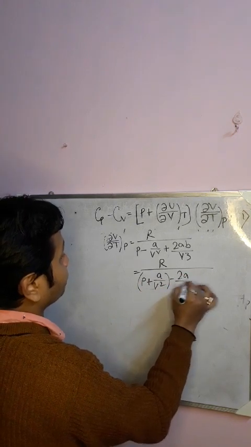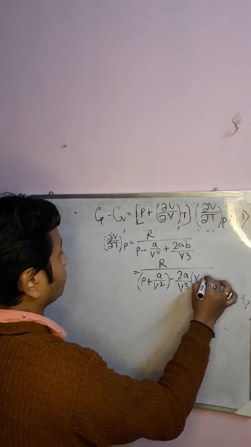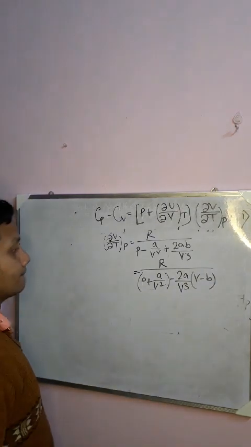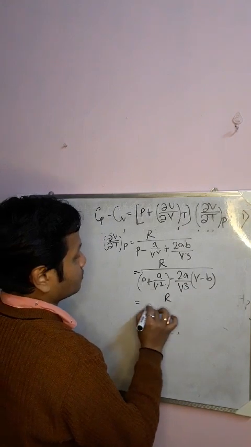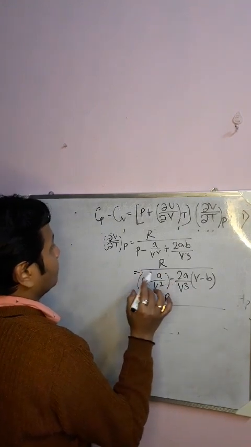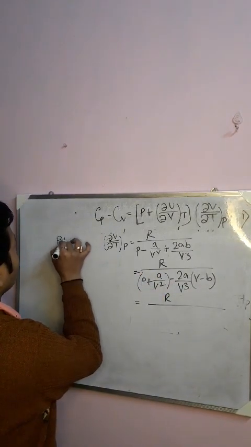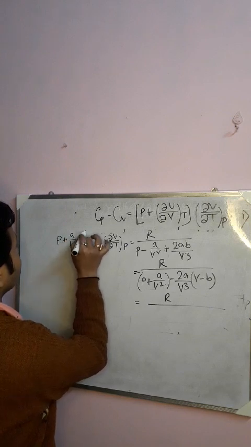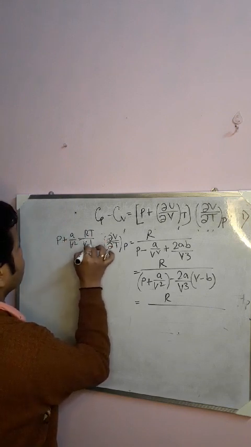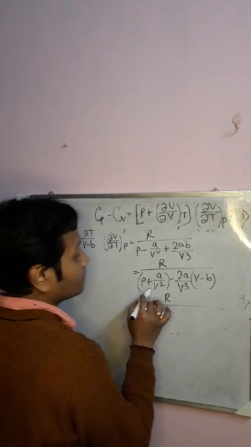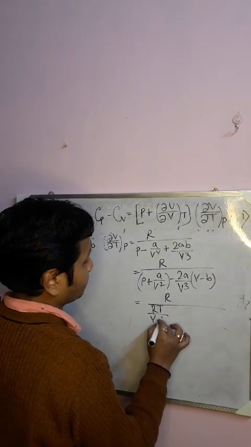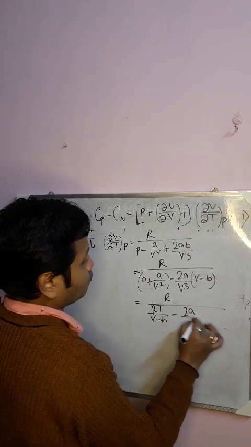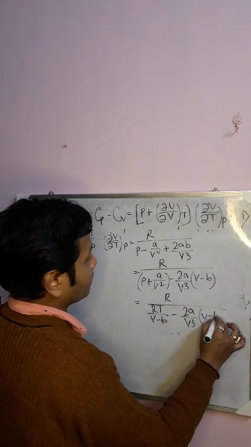Just look: P plus A by V square. Now you substitute, for a real gas we know P plus A by V square equals RT by V minus B. So instead of P plus A by V square, substitute RT by V minus B. So minus 2A by V cube into V minus B.